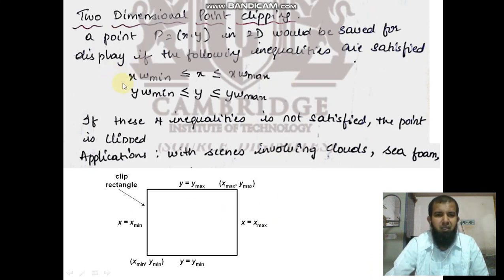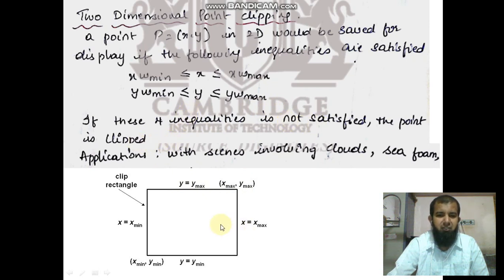Clear, no? If the point's x value is between xw min and xw max, and similarly the y value is between yw min and yw max, then only that point is displayed. If these four inequalities are not satisfied, the point is clipped.